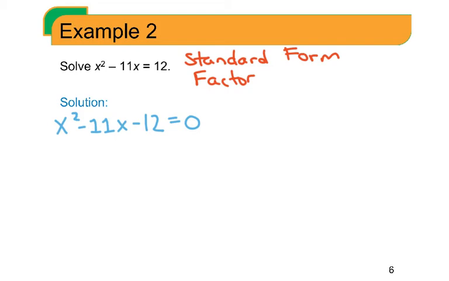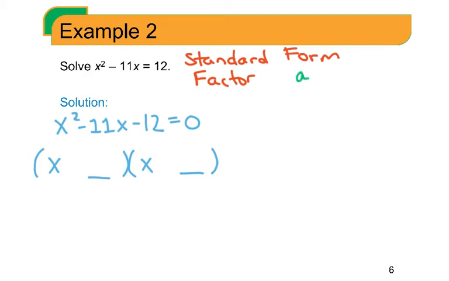Okay, so I know that this is going to be x and x, and then I have to figure out what goes here and here. I'm going to need a positive and a negative, but that will all work out when we figure out what a and b are, and maybe you can already see it.